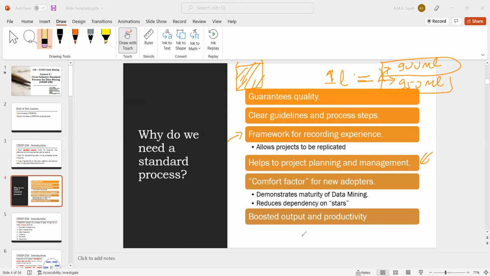One of the ultimate goals is that whenever we apply data mining standards, you definitely get high productivity. Am I correct? Without following any standard mechanisms, you get low accuracy, because there is no proper way to follow the data mining task.